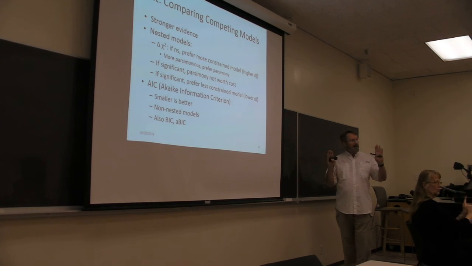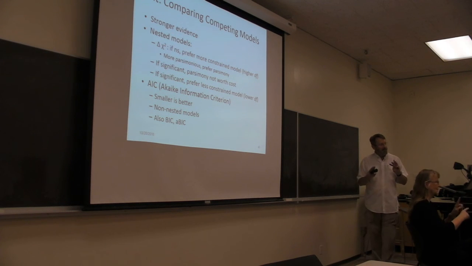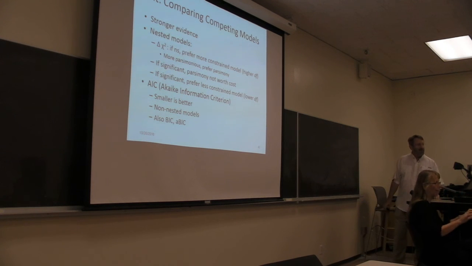You can have competing models, each that represents a different theory, and you can compare the fit of those models. And generally speaking, we use change in chi-square for that. Or there's another fit index that is used sometimes called the information criteria, AIC.